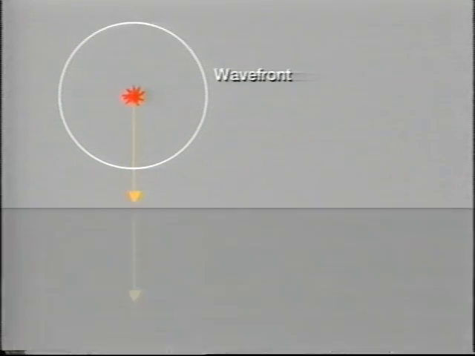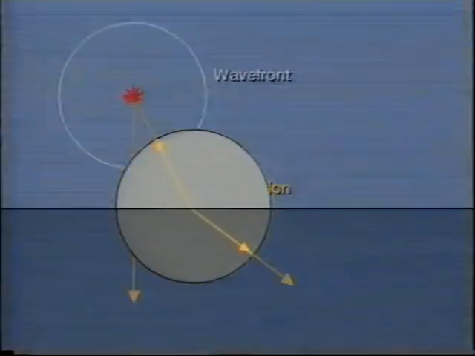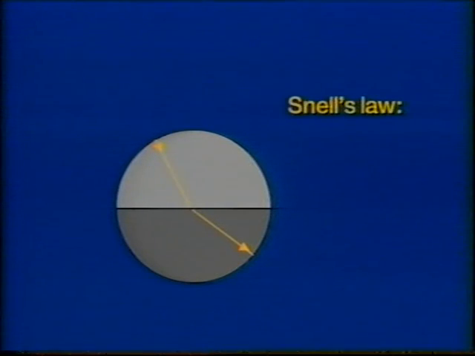The ray that is perpendicular to the layering goes through the interfaces without change of direction. But those that are not perpendicular are bent at each interface by the process of refraction. The amount by which a ray is bent is given by Snell's law. If we measure the angle of incidence and the angle of refraction, then the ratio of their sines is the ratio of the velocities.